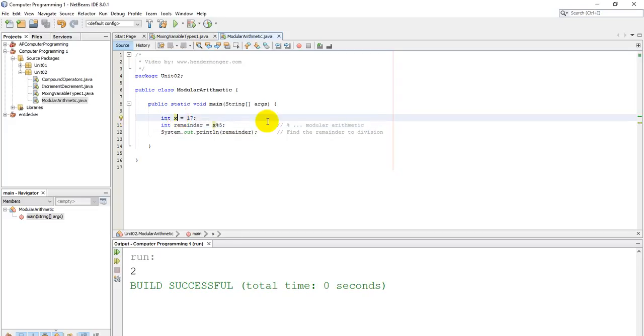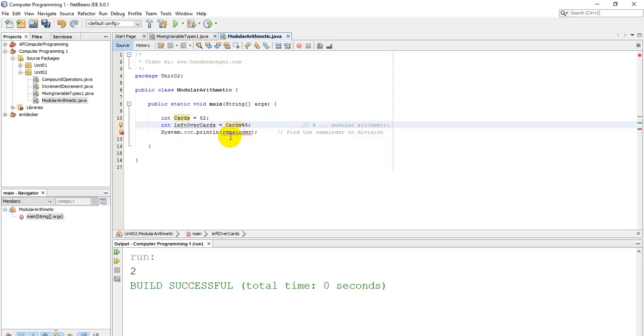Maybe I would redefine my variable as cards, and I'm going to use a standard deck of cards, so there are 52 cards. And instead of remainder, I would like to call it leftover cards.